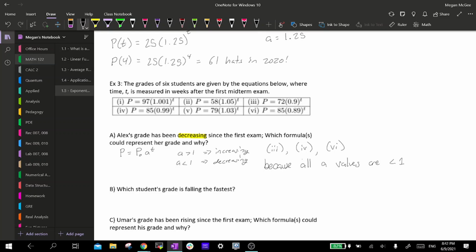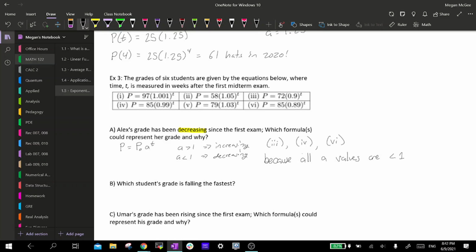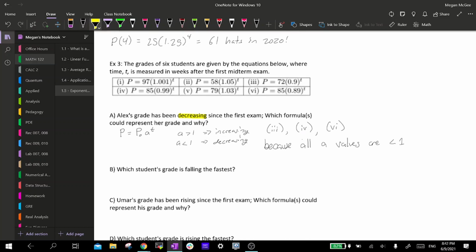Part B: which student's grade is falling the fastest? Well, 3, 4, and 6 are the only three that are decreasing, and we're looking for the number that is furthest away from 1. Because if it's at 1, then it's not changing at all, and if it's over 1, then it's increasing.